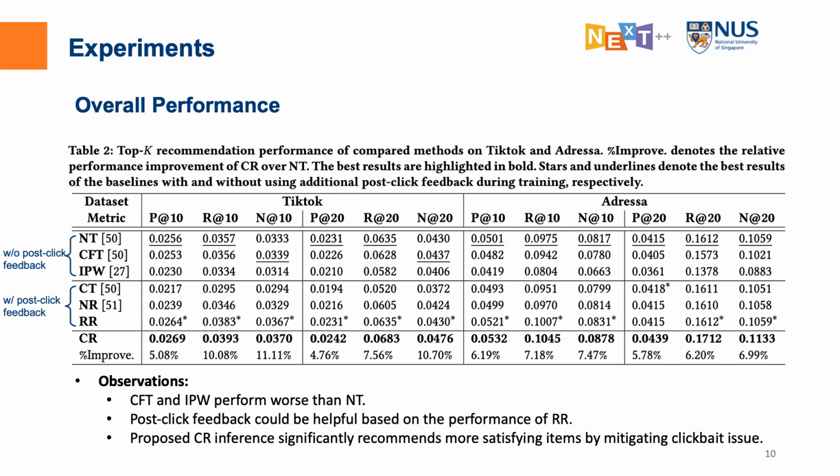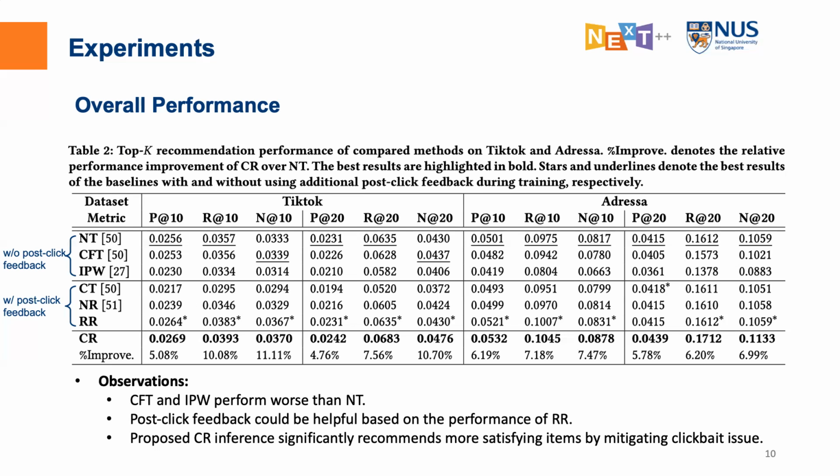So if we have a top 10 recommendation list, and two of the items in this list have positive post-click feedback, the precision is 20%.